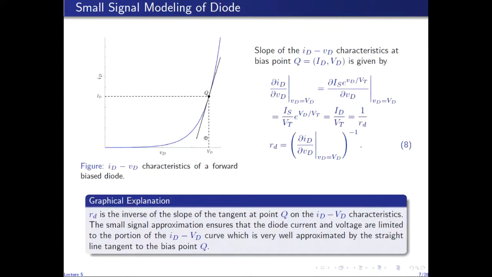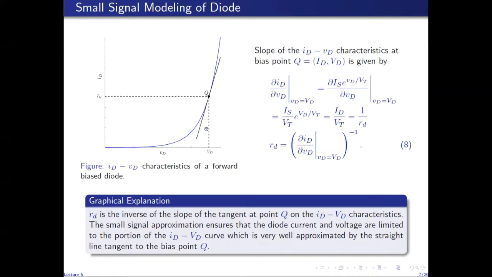For large input signals, we'll get large output signals, and the instantaneous points on the curve will have large deviations away from the Q point, which will break the approximation down. Because if the diode is operating from here to here, let's say, then you can clearly see that this portion of the curve and this portion of the curve cannot be approximated with a straight line.